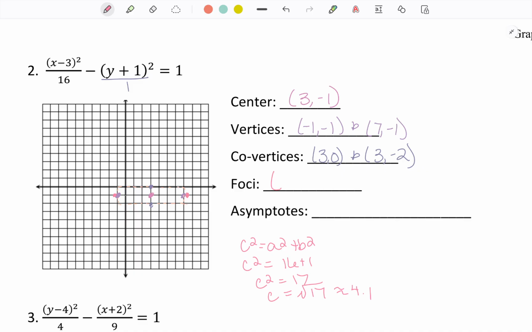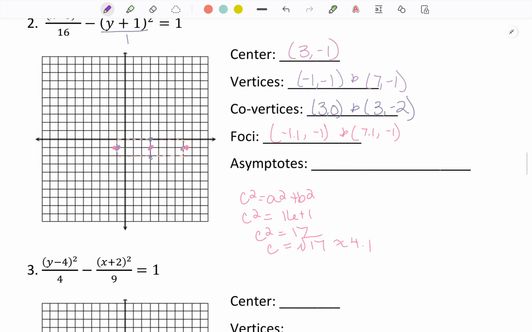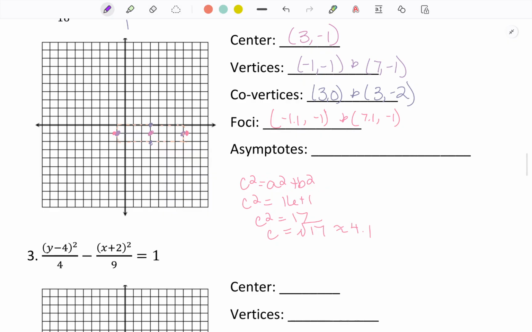So we are going to have vertices at negative 1.1, negative 1, and 7.1, negative 1. So then our asymptotes, we are going to have y equals plus or minus b over a.